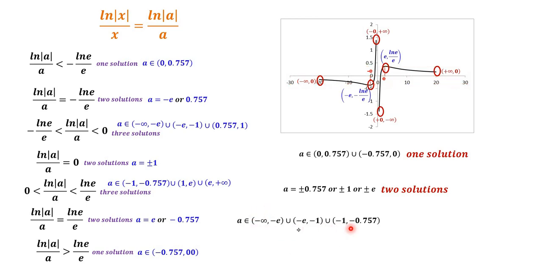So when A on the left side is from negative infinity to negative E, and from negative E to negative 1, and from negative 1 to negative 0.757, and on the right side, from 0.757 to 1 to E, and E to positive infinity, in this range, there are 3 intersections and 3 solutions.